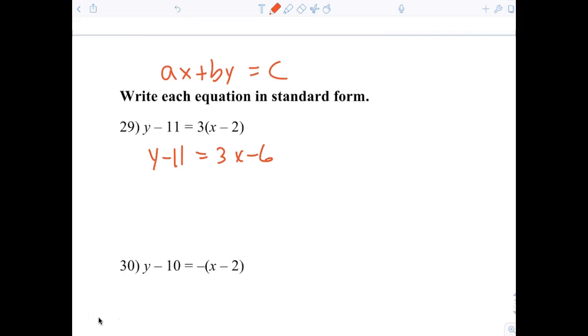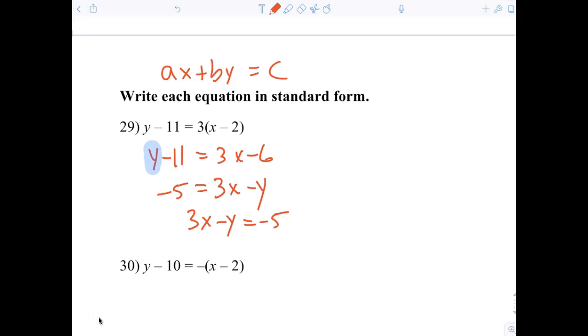I want to move the y because the x has to stay positive. So I'm going to pick up the y and move it to the other side, so it becomes 3x minus y. Now I'm going to pick up the negative 6 and throw it on the other side, so it becomes positive 6. What's negative 11 plus 6? Negative 5. So your answer: 3x minus y equals negative 5.